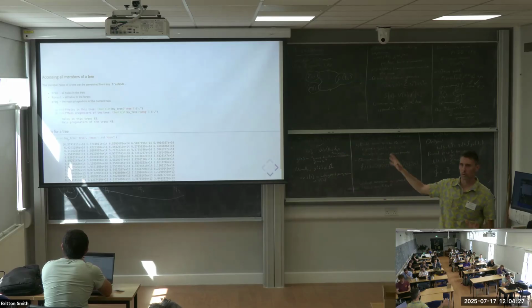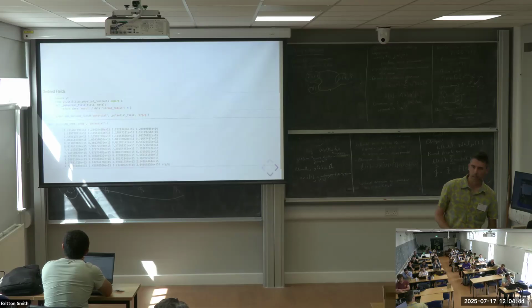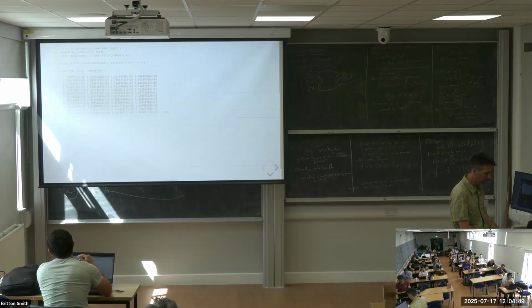So all of the syntax works equally well wherever I am in the tree. I can walk through. We have derived fields, like in yt. So I can make a field in almost the exact same syntax, add it, and then query it. I can get the potential as the mass over the radius, for example.